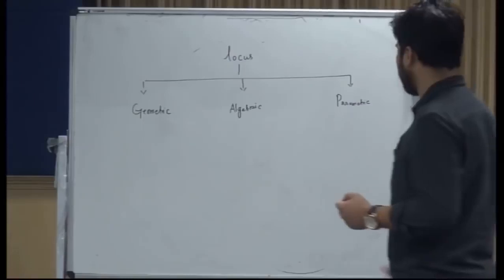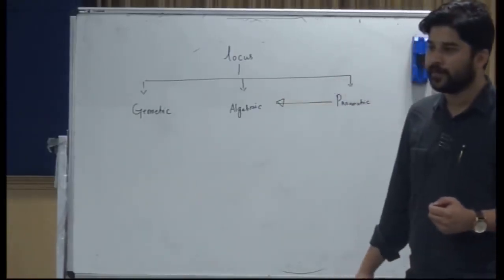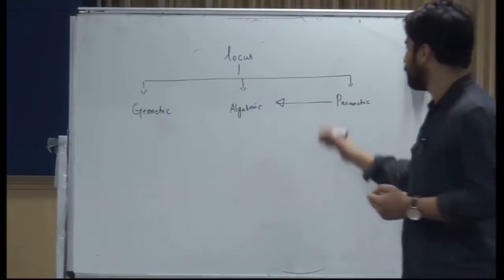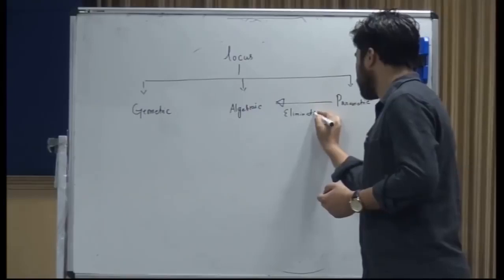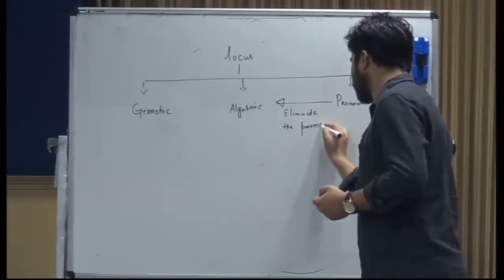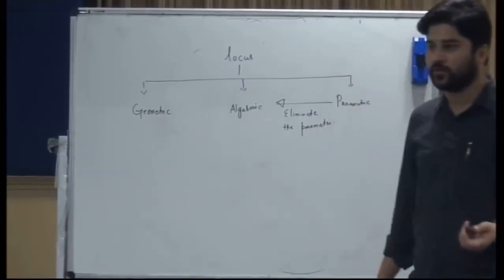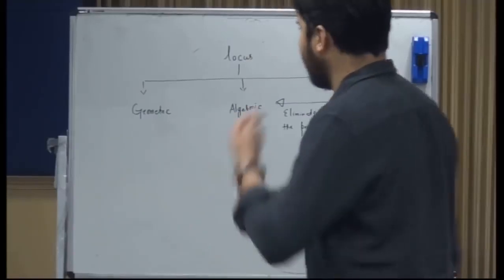And I have already told you how to go from parametric to algebraic. What was the idea? Eliminate the parameter, not theta. Theta can be a constant quantity. In projectile case, theta wasn't a variable, theta was a constant.